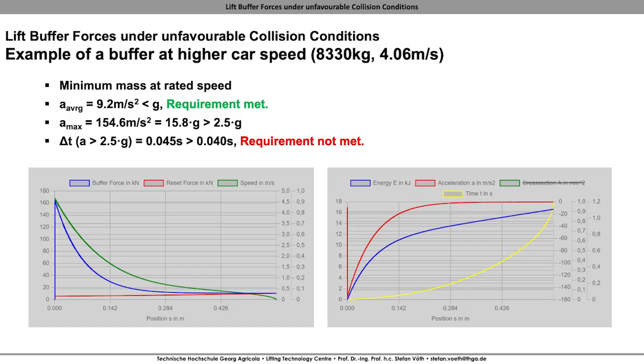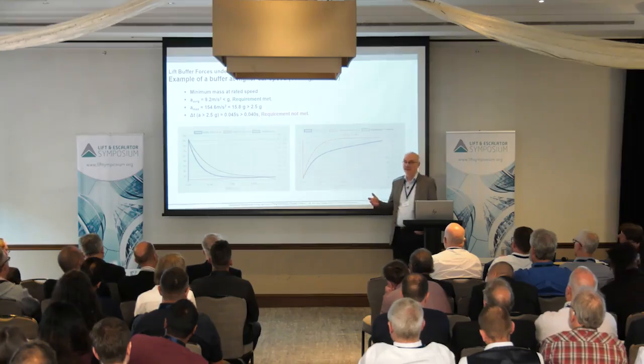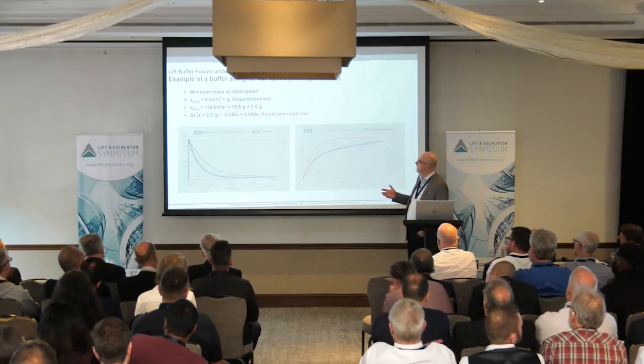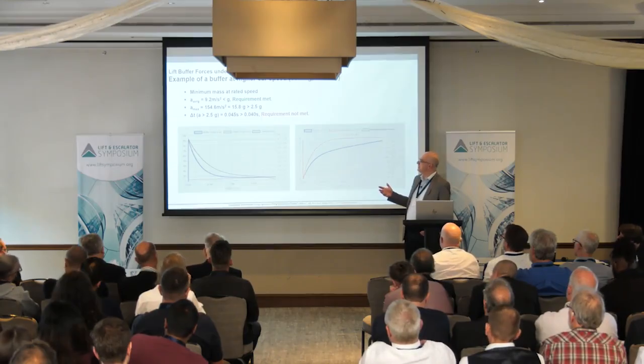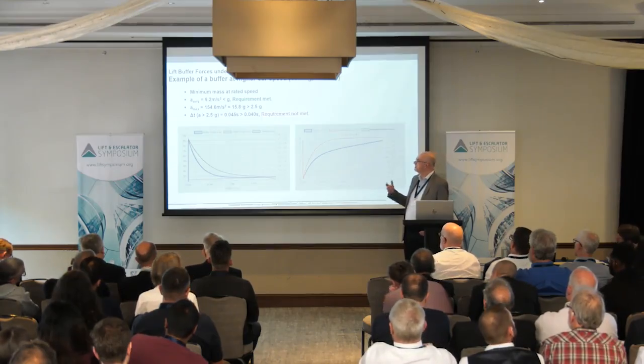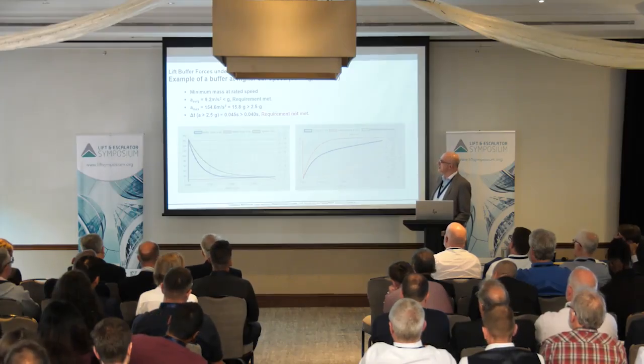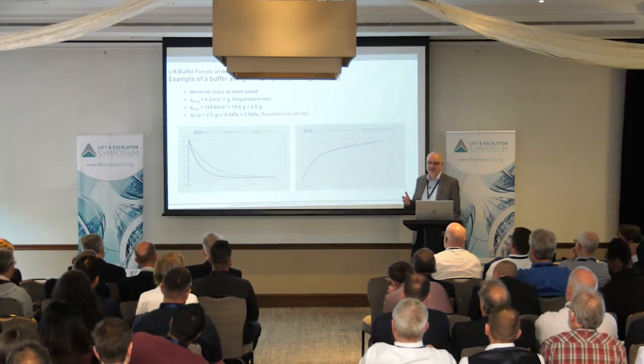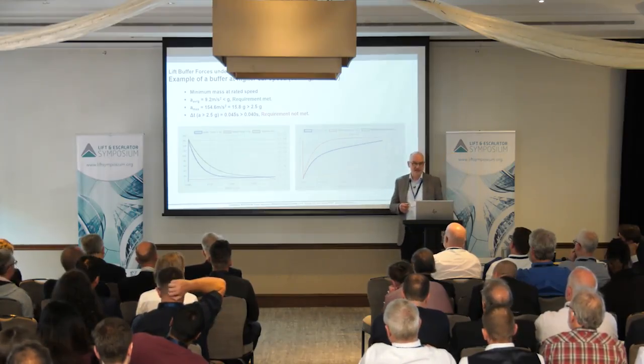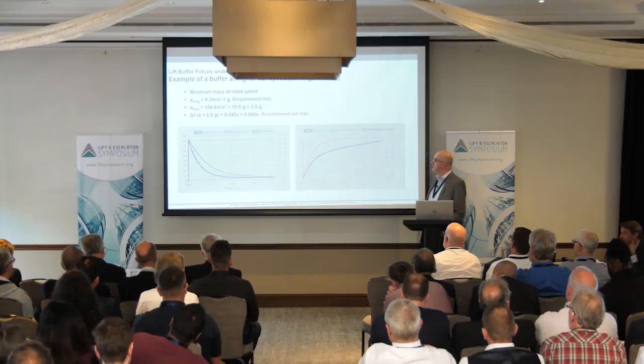There's less mass, and we have high forces acting due to the functionality of the buffer, and this leads to high decelerations. What we can also see in this case is that they act for 45 milliseconds, which is more than allowed by the standard.